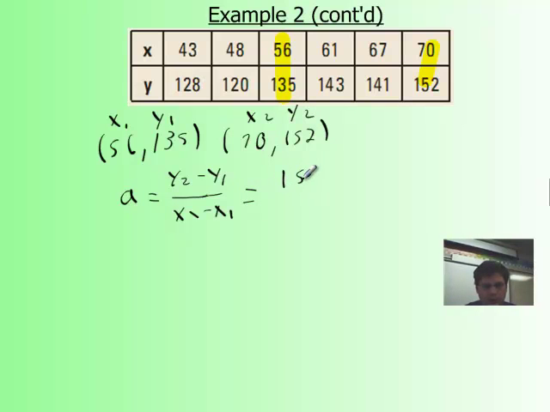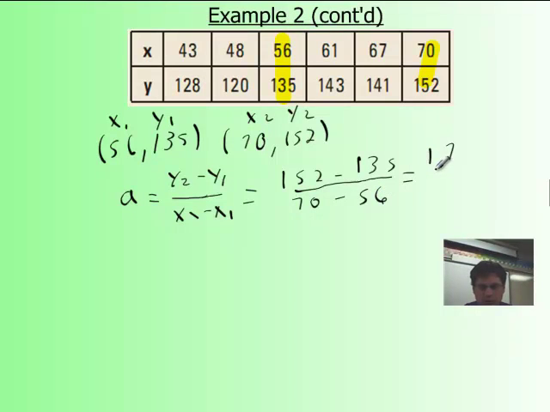So it's going to be 152 minus 135 divided by 70 minus 56. Okay, so that's going to give us 17 over 14. So that would be approximately 1.2. So we have our slope, 1.2.